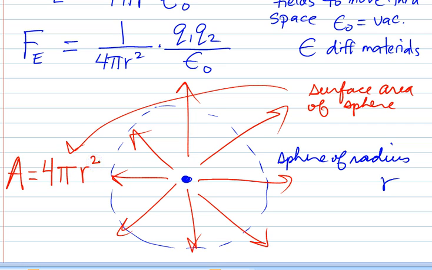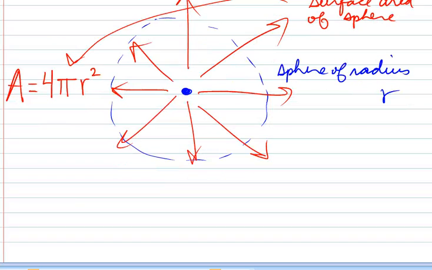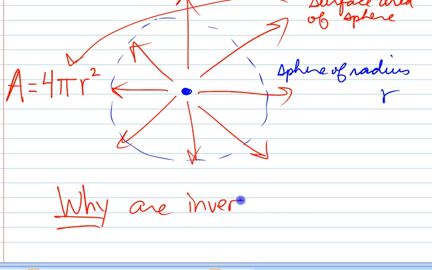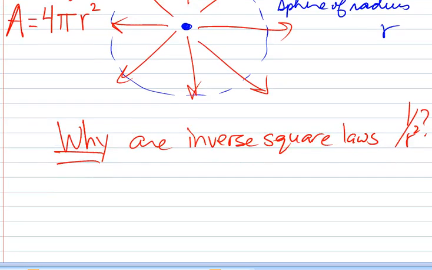That's the surface area of a sphere. And so now, this gives us some important insight into all inverse square laws. The real question is, why? Why are inverse square laws 1 over r squared? And the reason is this.